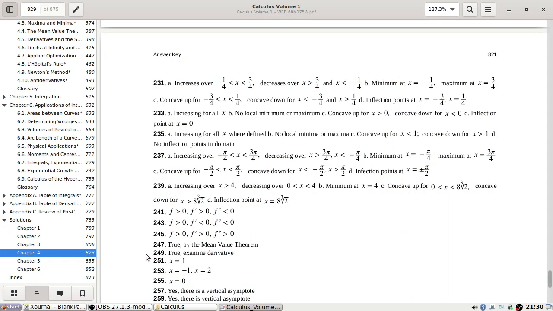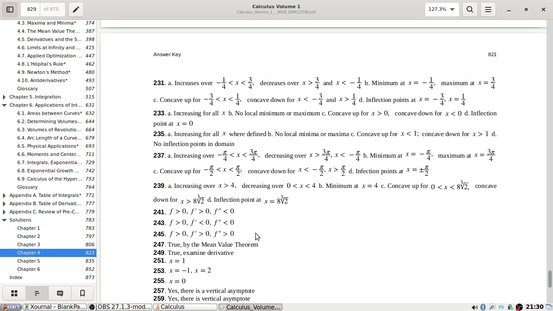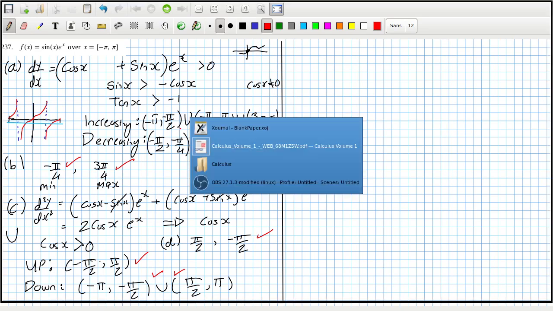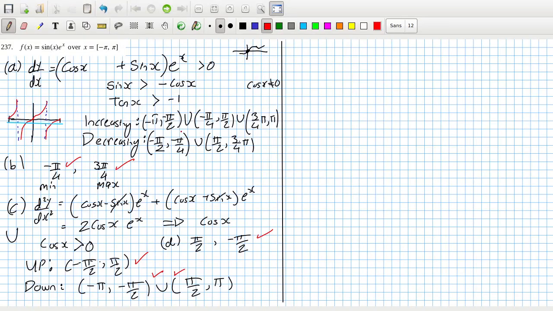So where's concave up? Concave up and then concave down is outside it then, and the inflection points. Yeah, it's just the increasing. Increasing from minus pi over 4 to 3/4 pi.